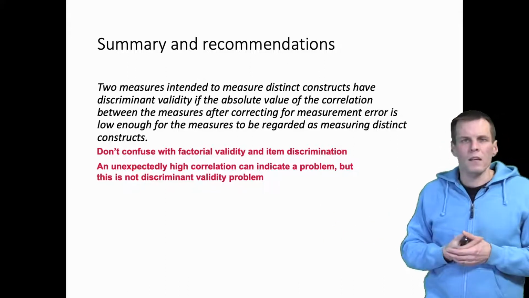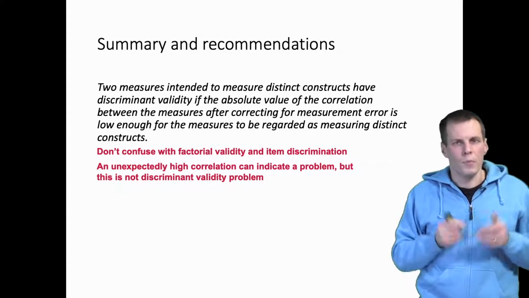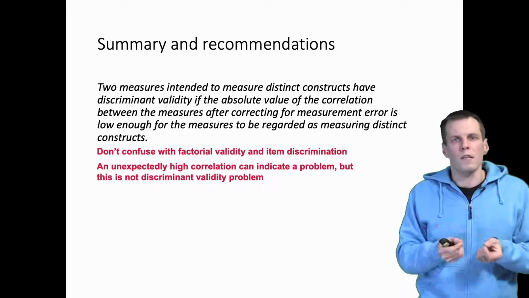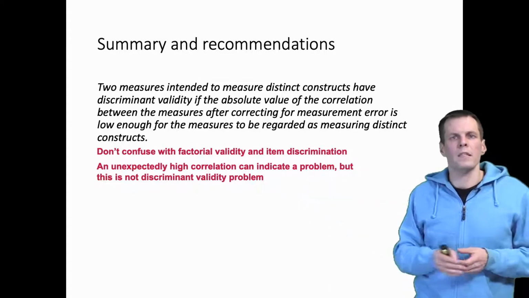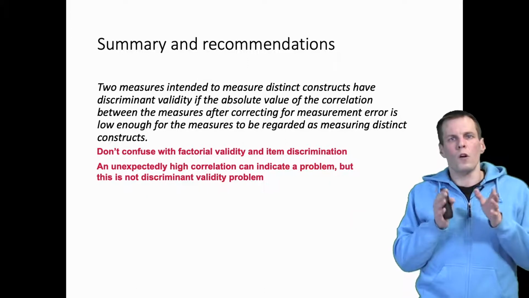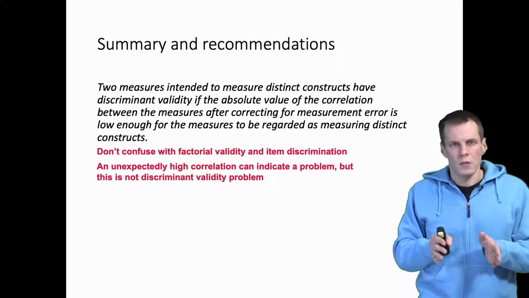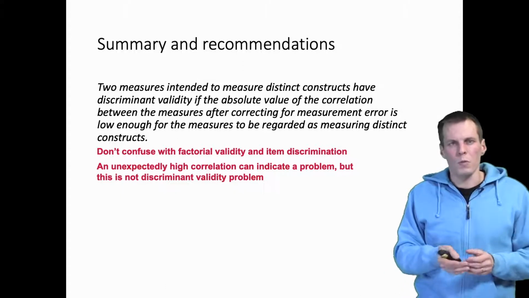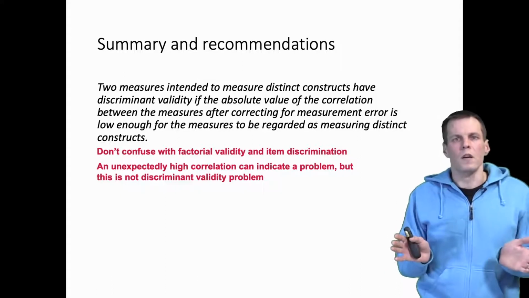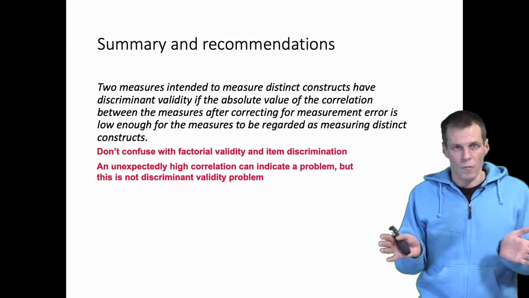Also, an unexpectedly high correlation can indicate a problem, but it's not necessarily always a discriminant validity problem. This is a particular case if you have two constructs that should not be related at all based on theory. So based on theory, we should expect that two constructs are correlated at 0.